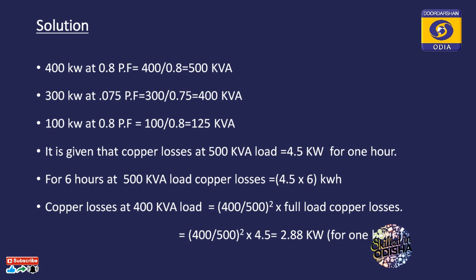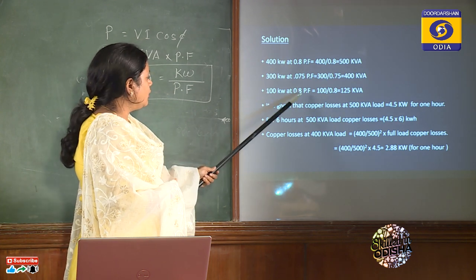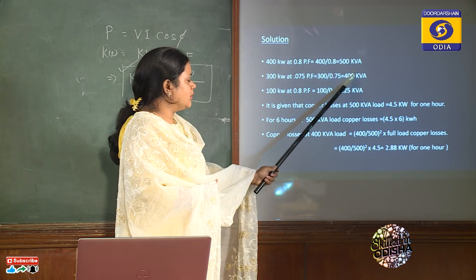Now 100 kilowatt at 0.8 power factor, that will be 100 by 0.8, which is equal to 125 kVA. So these are all loads converted from kilowatt into kVA.